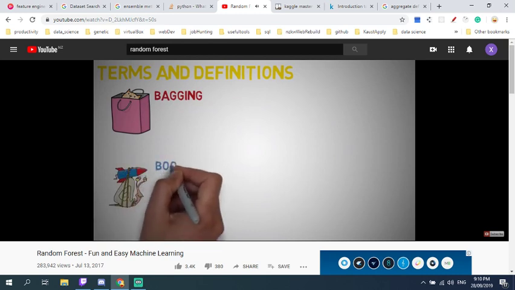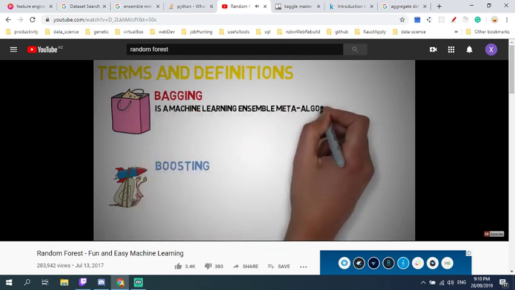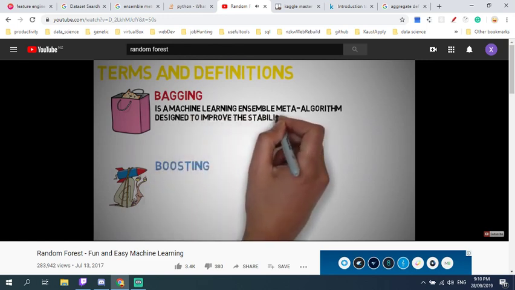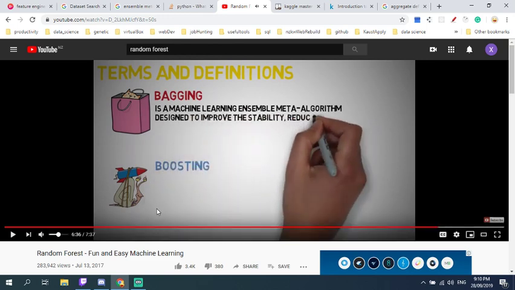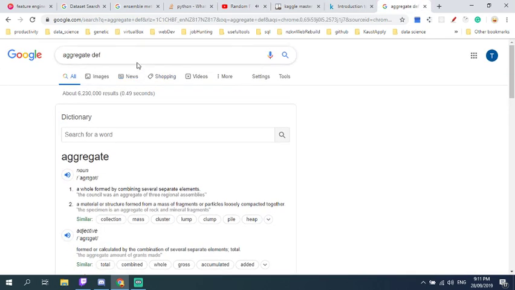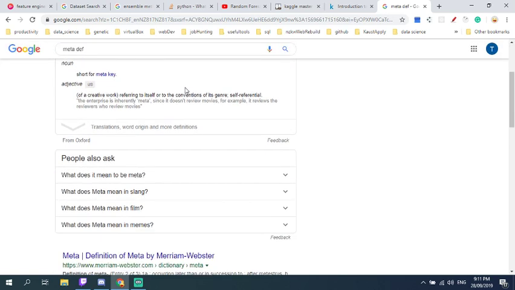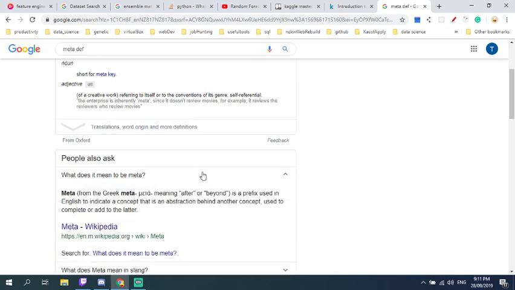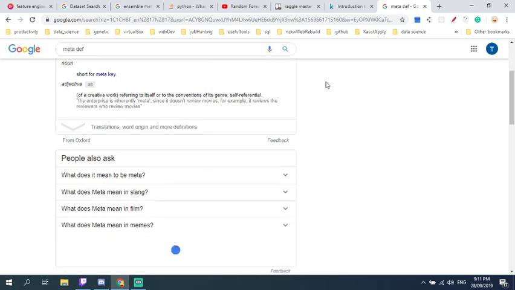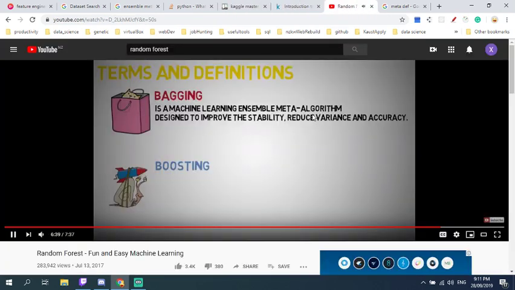Bootstrap aggregating is also known as bagging, which is a machine learning ensemble meta algorithm designed to improve the stability and accuracy of the machine learning algorithms used in statistical classification and regression.